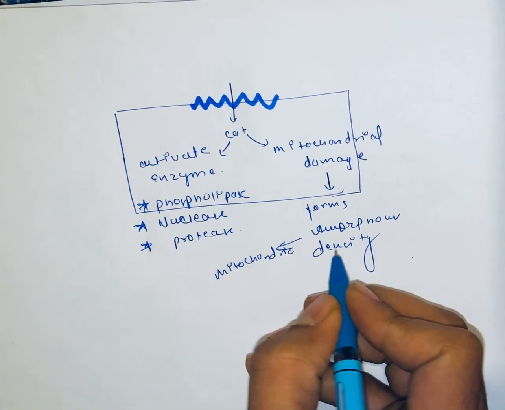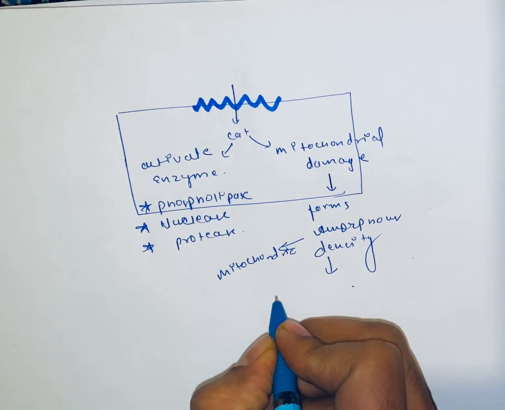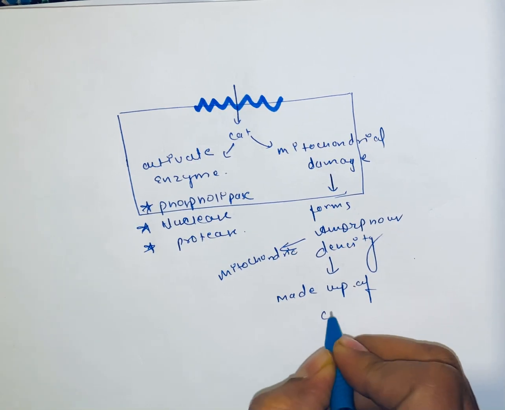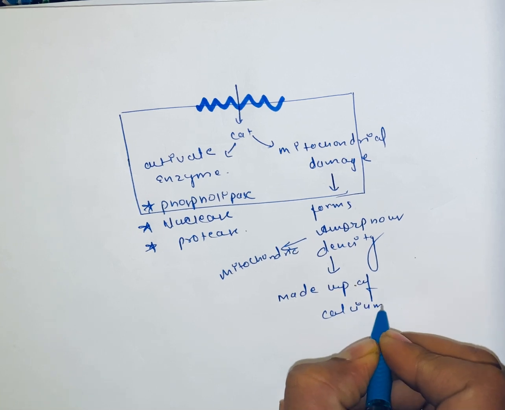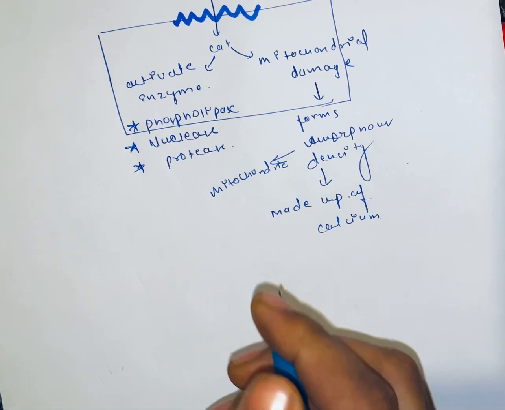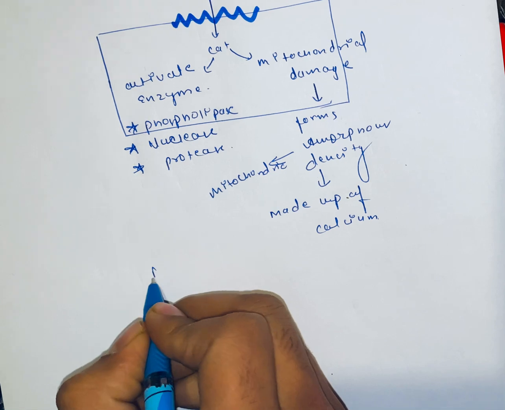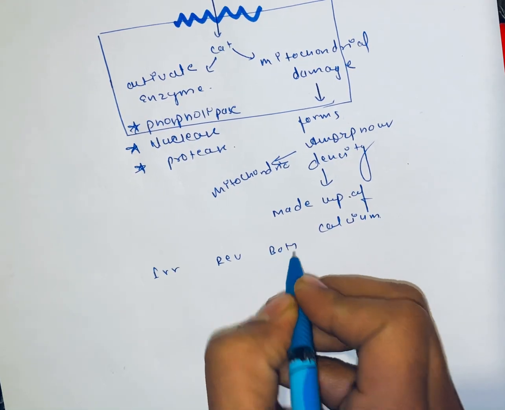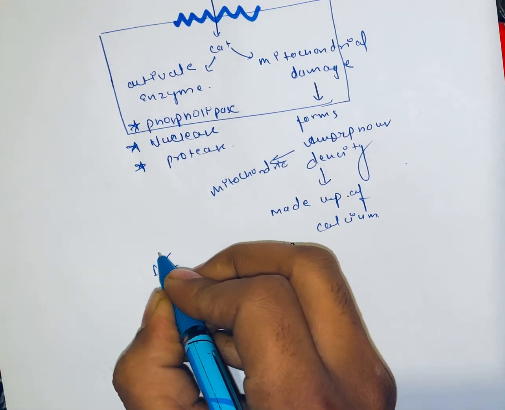And what is this amorphous density made up of? It is made up of calcium. And the question comes: is amorphous density seen in irreversible, reversible or both? So we have to tick irreversible.